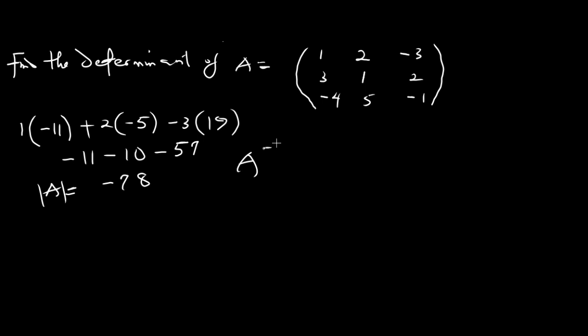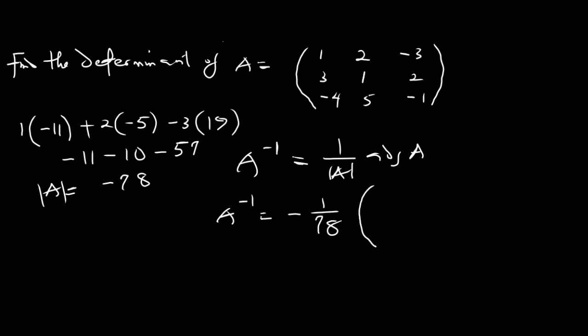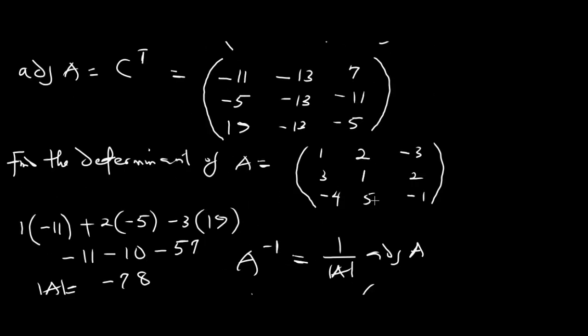So what will be A inverse? So A inverse is 1 over the determinant multiplied by the adjoint. Therefore, the inverse of that matrix will be minus 1 over 78 into the adjoint.